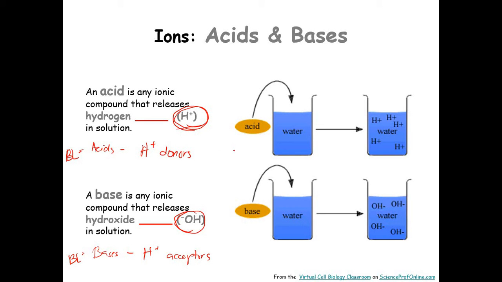So meaning, if you have an acid and you dissolve that in water, remember, in aqueous solution, if it releases hydrogen ions, then that substance is an acid. For a base, if you dissolve a base in water and it releases OH, it's a base.